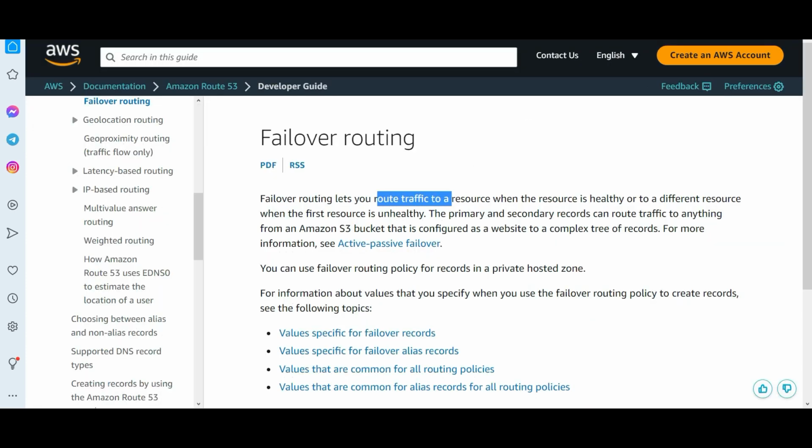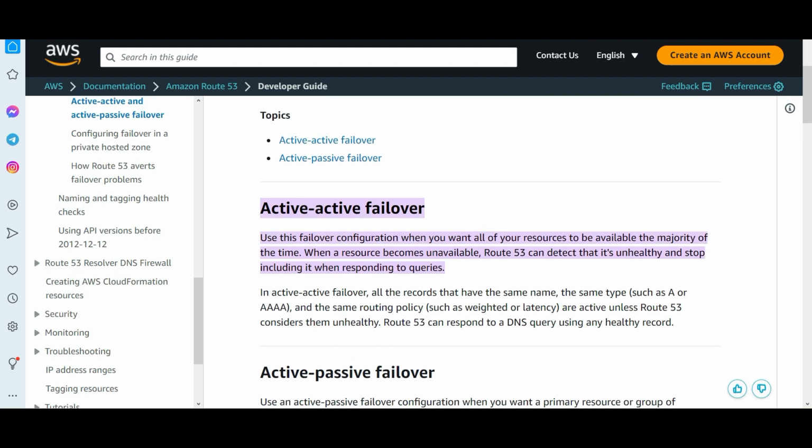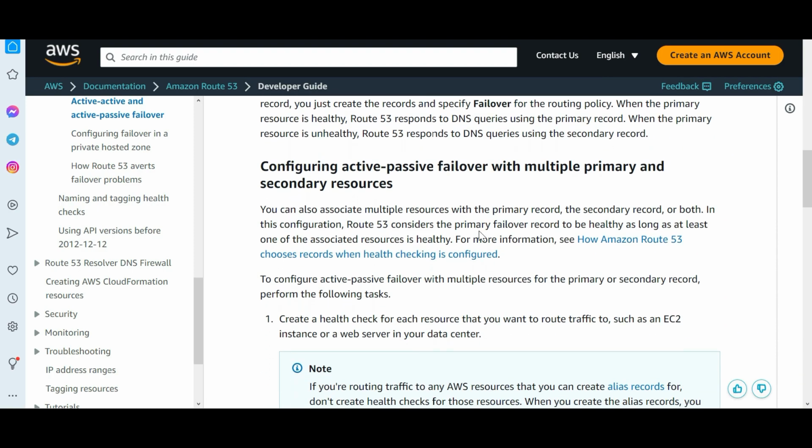You route the traffic to a resource when the resource is healthy, or to a different resource when the first resource is unhealthy. Okay, this is what it does. This is called routing. And if you see the policies, there are things like active-active failover, active-passive failover. I'll explain this later, but you can pause this, read it carefully.